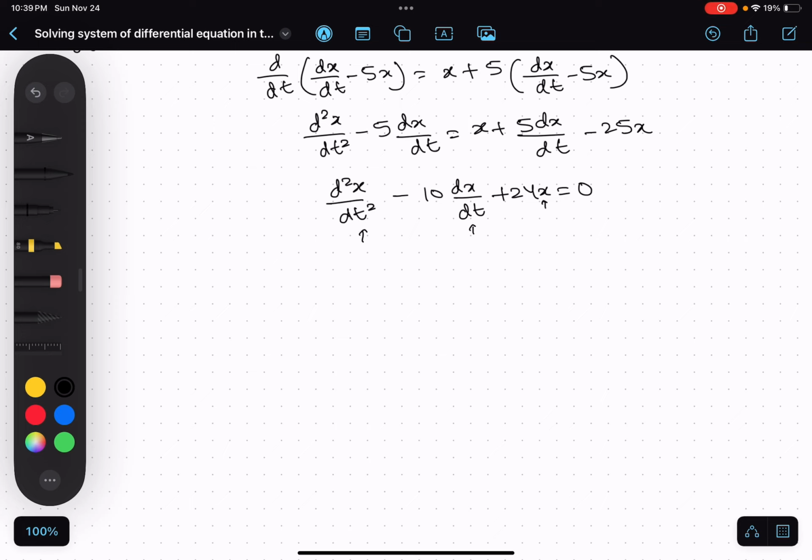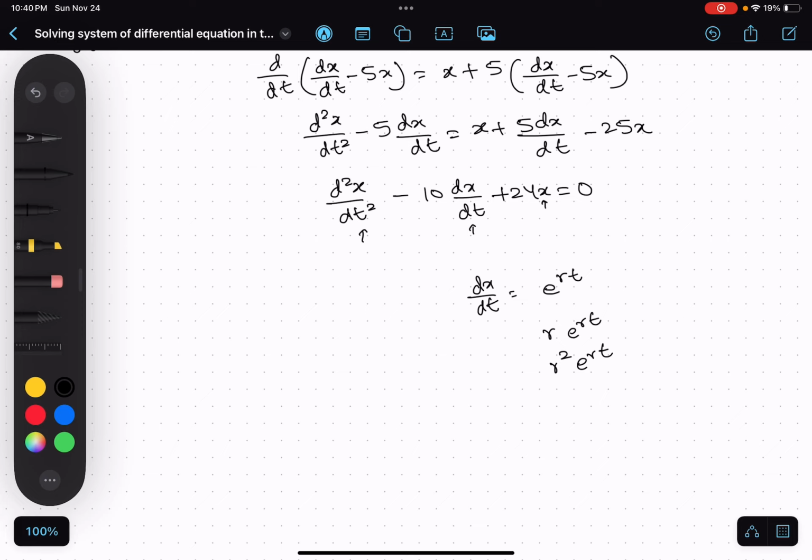For these things to cancel and exactly become 0, you might feel that x should be an exponential, say e to the power rt, so that even when it's differentiated, it will just be r times e to the power rt, and the second derivative gives r² e to the power rt. e to the power rt is conserved, and for all the remaining coefficients, we can choose r in a way that they cancel among each other and become 0, right?